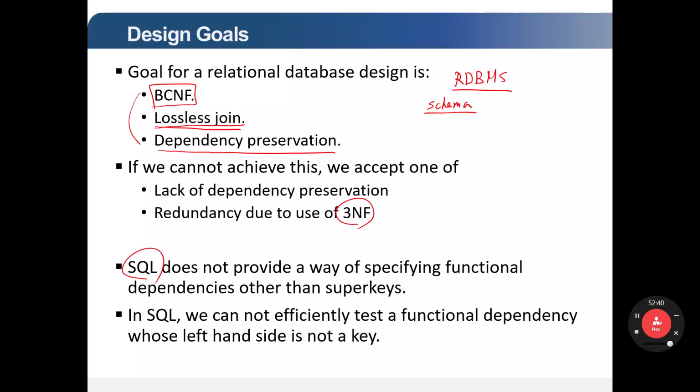But nowadays, schemas are given. Why? In the old days, you developed a database application using an RDBMS and you designed your own schema, and then customers would insert data into the tables that you designed.